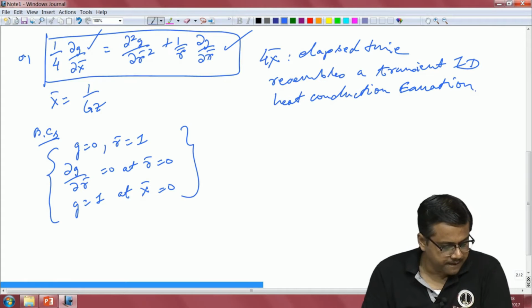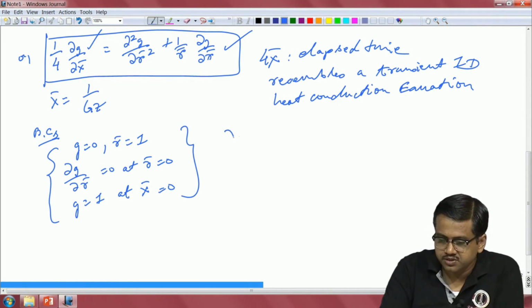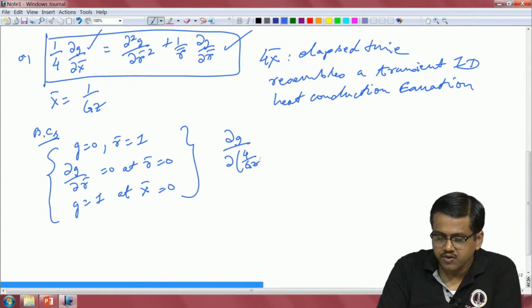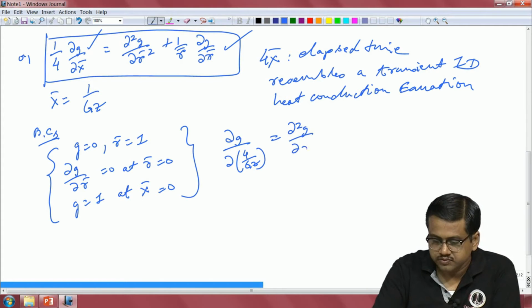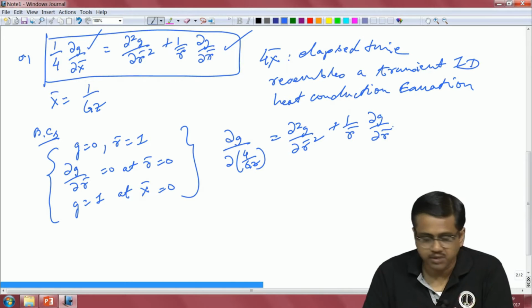The solution will be kind of similar. So, let us write it in a more compact form, putting in the Graetz number. This is the most compact way of writing the same equation.